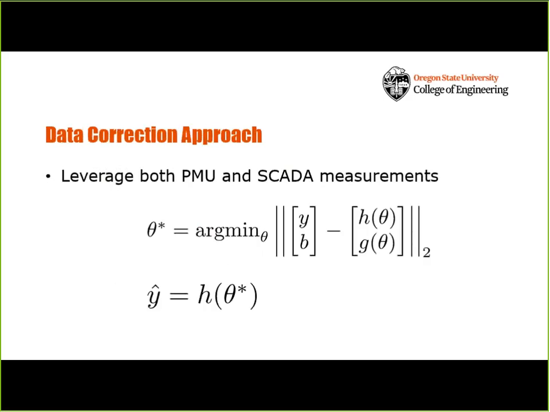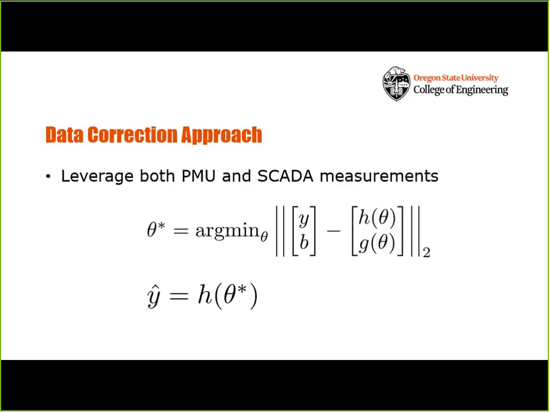In order to correct the corrupted PMU measurements, as I said, we leverage both SCADA and PMU measurements collected from the network. Using these combined measurements further reduces the solution space of the PMU data vector. The nonlinear projection of the measurement vector onto the solution space can be computed as a solution to an optimization problem, as shown in this equation here.